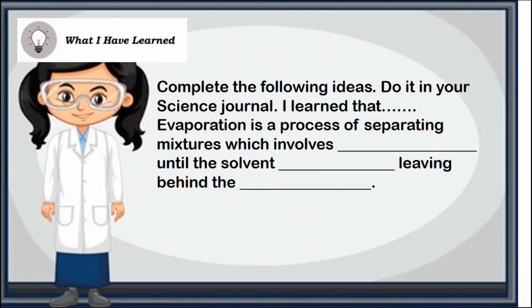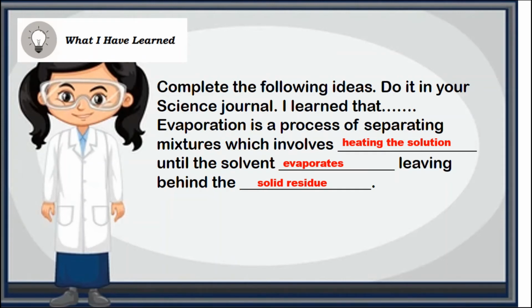What I have learned. Complete the following ideas. Evaporation is a process of separating mixture which involves heating the solution until the solvent evaporates, leaving behind the solid residue. Okay, always remember children that evaporation is a process of separating mixtures which involves heating the solution, or heat added, no?